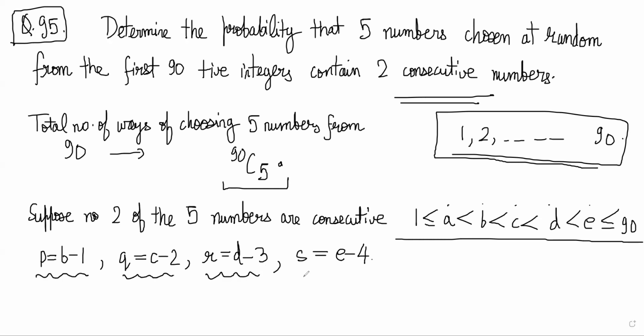Why are we defining these 4 integers? Because if we choose integers like this, we know that 1 is less than or equal to A, and now we can say A is less than or equal to P, right?